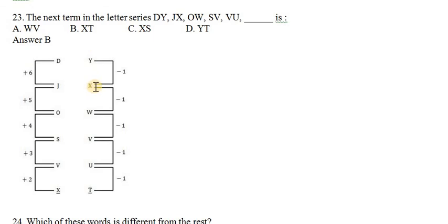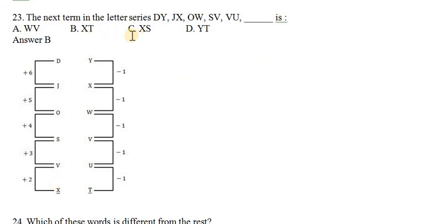So Y is after X. So it is going like that. So now the answer here must be X, there must be 1 letter difference between this X and the next value. Otherwise they kept V, after that we have 2 letter difference between V and X, so X is the answer.